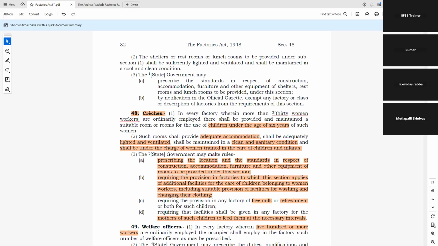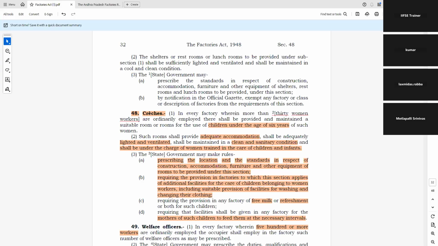So here the management needs to provide free milk and other refreshment things, for example some toys or creating some play zone area, etc., and requiring that facilities shall be given in any factory for mothers of such children to feed them at necessary intervals.